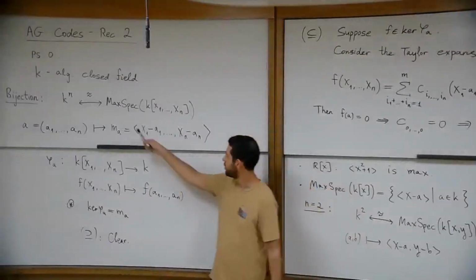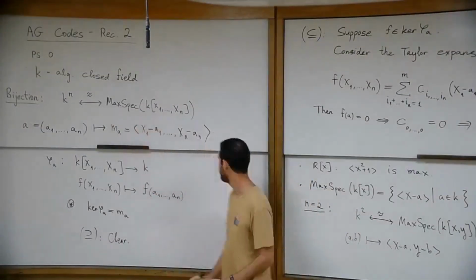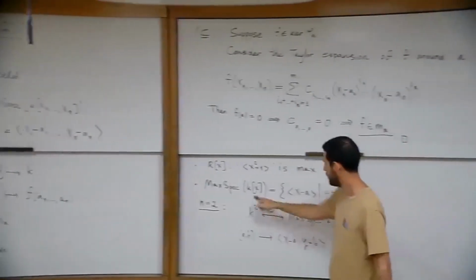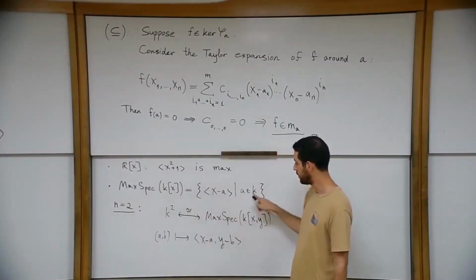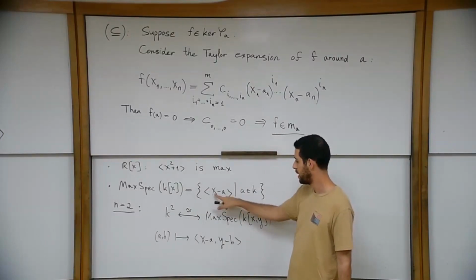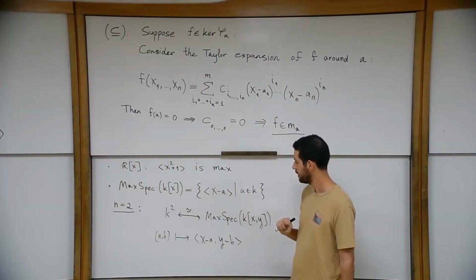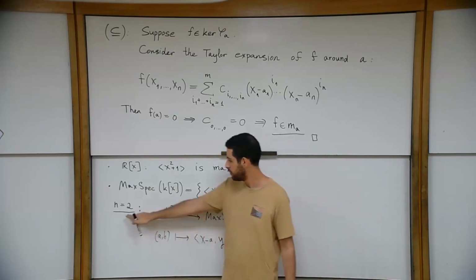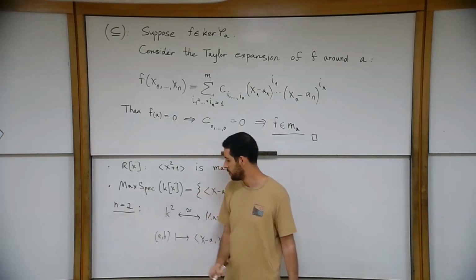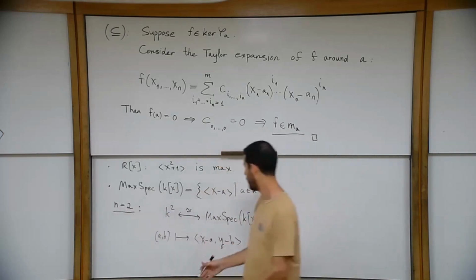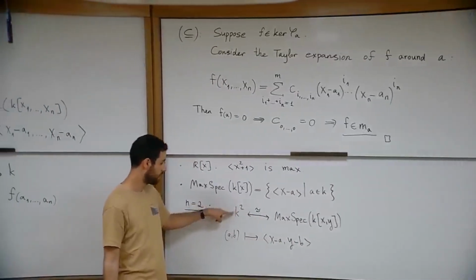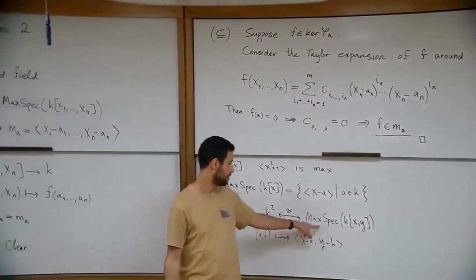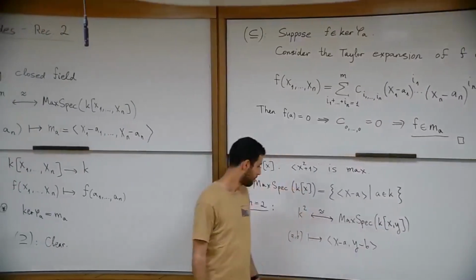So last time we showed the bijection when n is 1, and let me remind you, we in fact saw that the max spec of K[x] is exactly the set of all the ideals generated by x minus a for some a in K. And we began to look at the case where n is 2. So we want to prove that there is a one-to-one correspondence between the points in the plane, K squared, and the max spec of K[x, y].